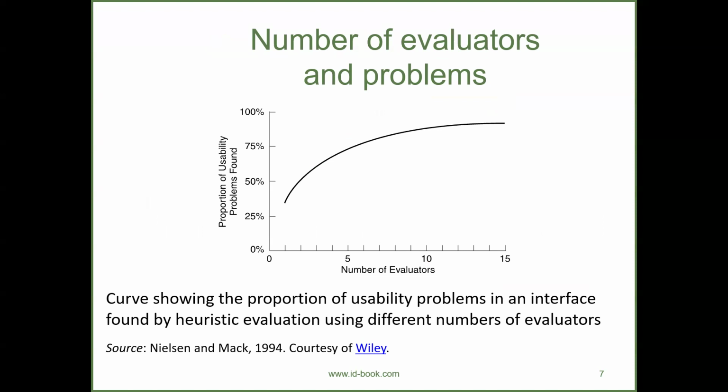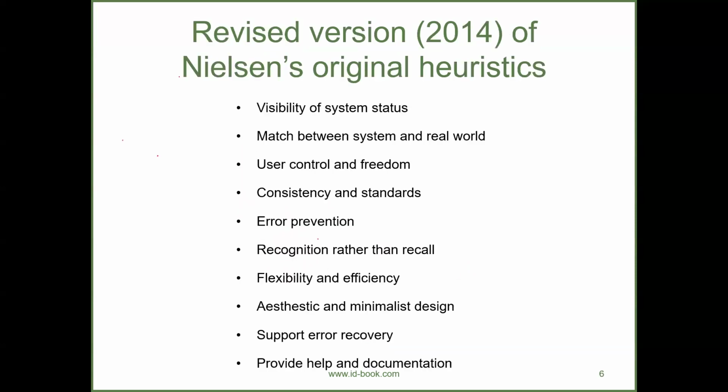Now, if you see the graph here, let us understand the graph. These are the number of evaluators. When we have one evaluator, he was able to identify about 25% of the usability problems. What are the usability problems?